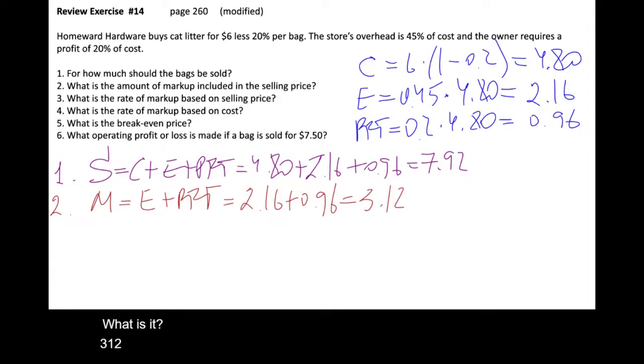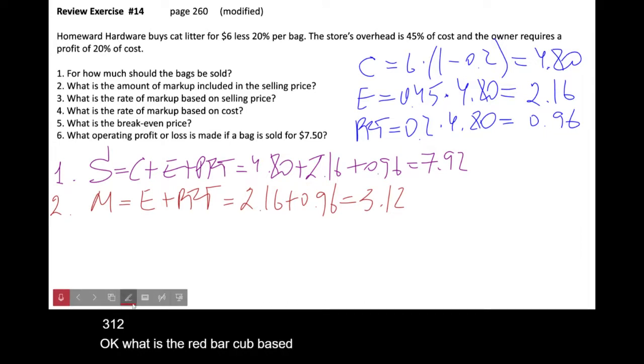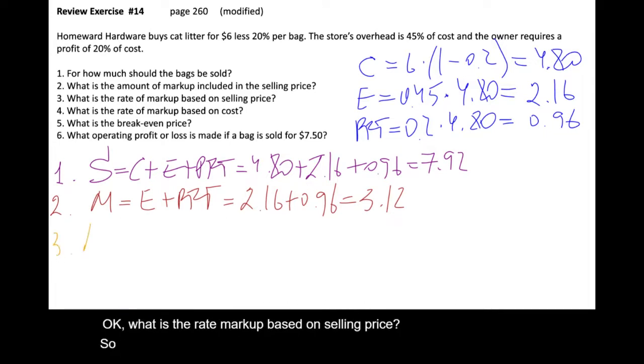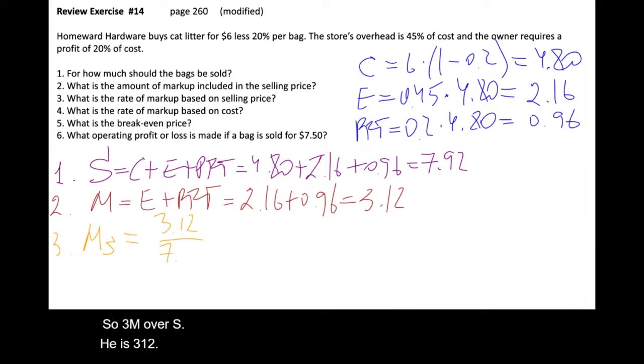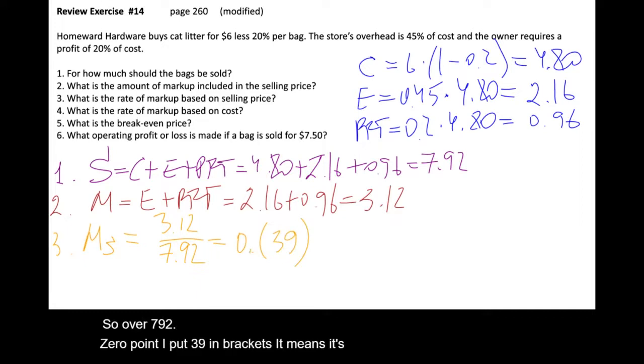Okay, what is the rate of markup based on selling price? So M over S is 3.12 over 7.92. So over 7.92, 0.39. I put 39 in brackets, it means it's a repeating period.